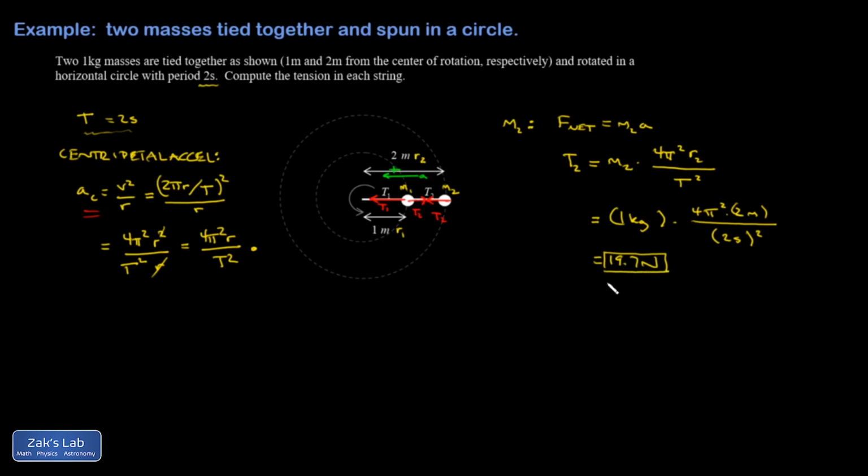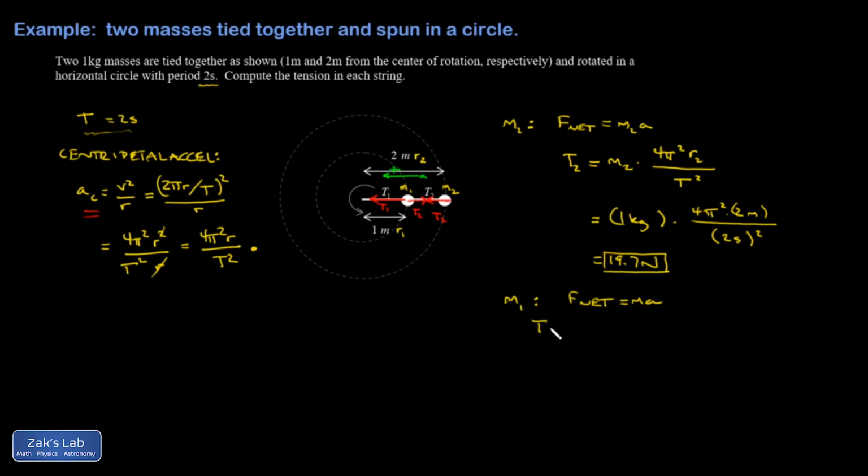All right, then we go into the analysis of M1. Again, it's just Newton's second law, F net equals ma. Here I have two different forces, one pulling toward the center of curvature and one away. Remember, toward the center of curvature we decided would be the positive direction.